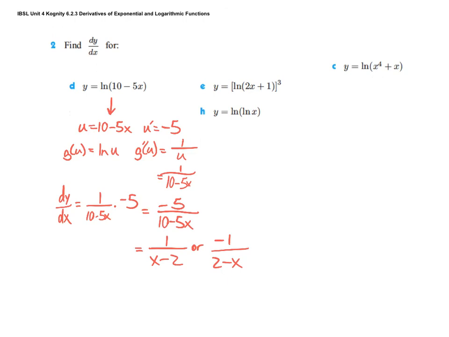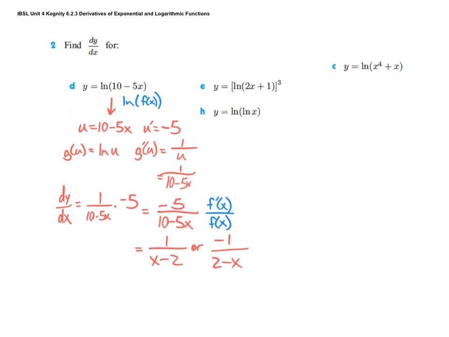The rule on the first page I showed you: f prime of x over f of x. If you have ln of a function, the derivative is the derivative of the function over the original function. That's what we're getting every time with these.